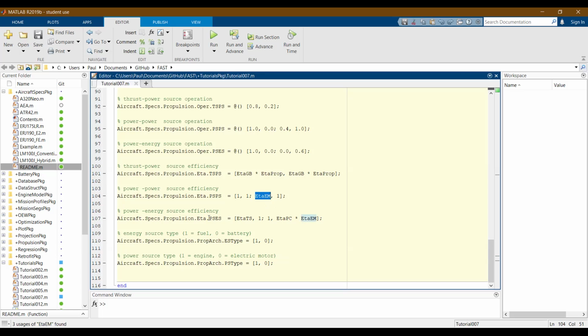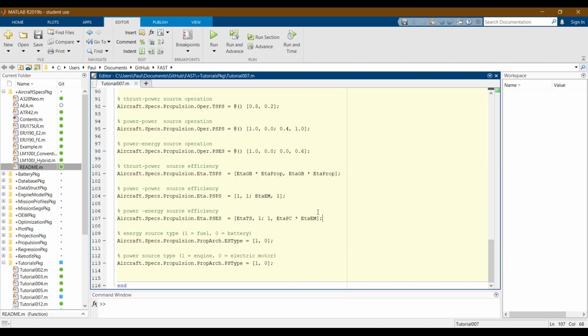And then for the power sources to energy sources, the only thing upstream of the fuel is the turboshaft engine, but upstream of the battery, we have the power converter and the electric motor.